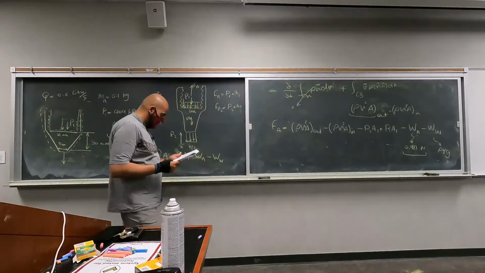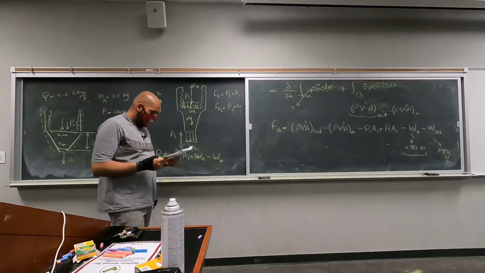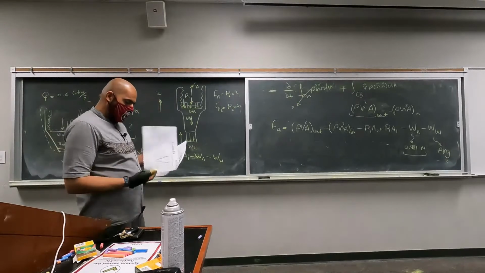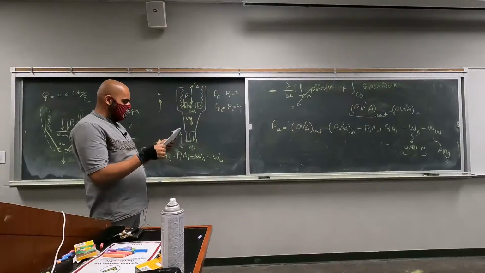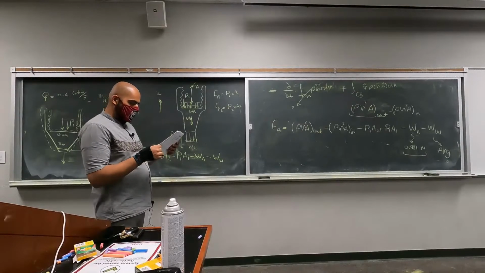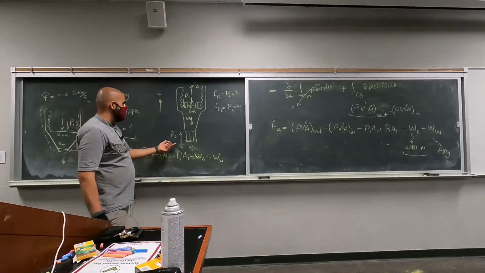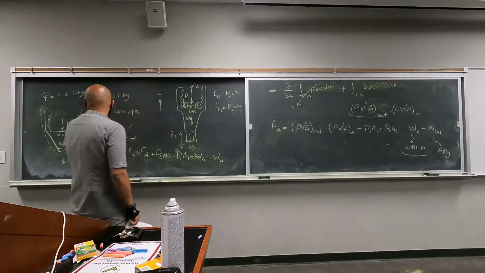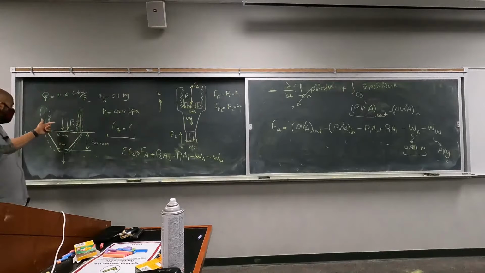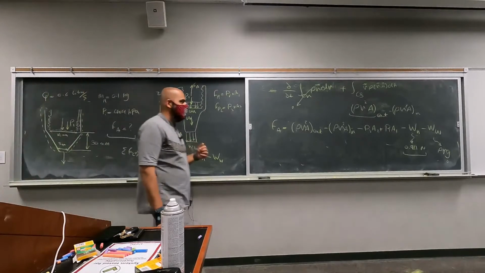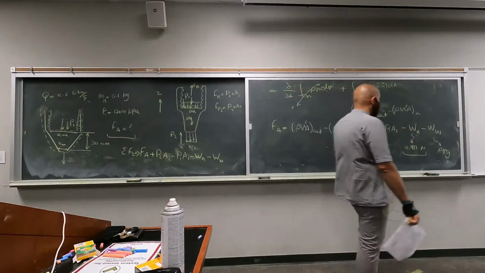Let's see, what else? Oh. Are we given the areas? We are given the diameters, right? 60 millimeters and 60 millimeters and 5 millimeters, which means that we can calculate the areas, and based on that, we can also calculate the volume.